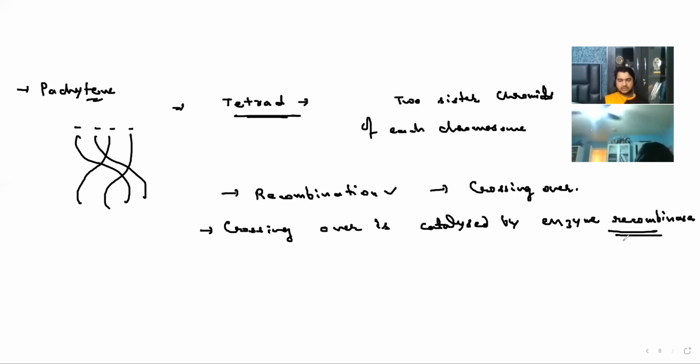Why is the name recombinase given? Because it is recombining everything. There is a mixing of both of these, so mixing of these things is happening. That's why the enzyme name is recombinase. Okay, I get it.